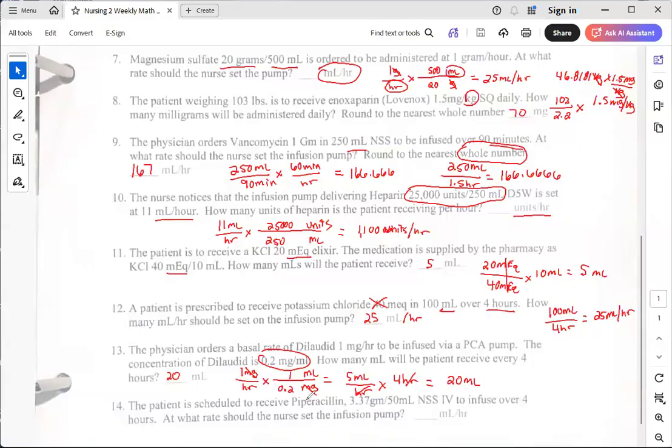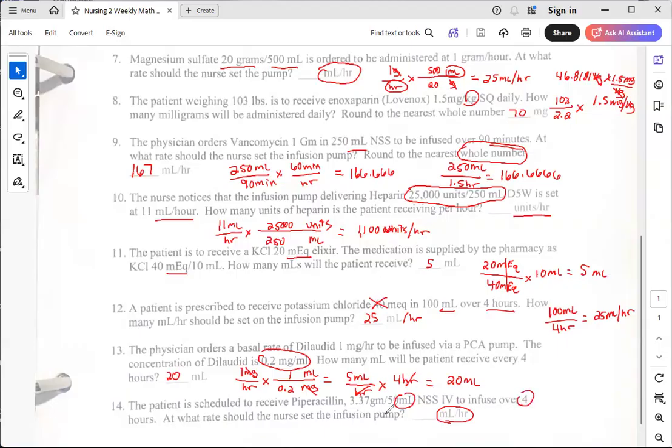All right, the last question here is patient is scheduled to receive piperacillin 3.37 grams per 50 ml normal saline, IV to infuse over 4 hours. At what rate should we set the infusion pump to? So again, we're looking for milliliters per hour. So I want to just pay attention. Do I have milliliters? Yes. Do I have a time? Yes.